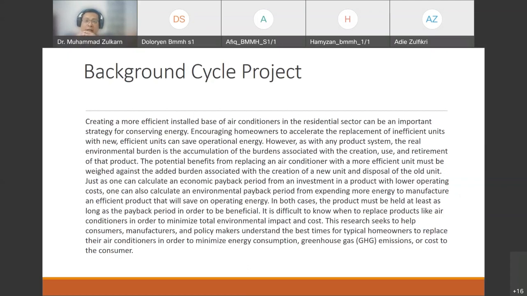the period cycle of the product. So how long can it survive in the market? If this product only survives 5 years, then what happens?